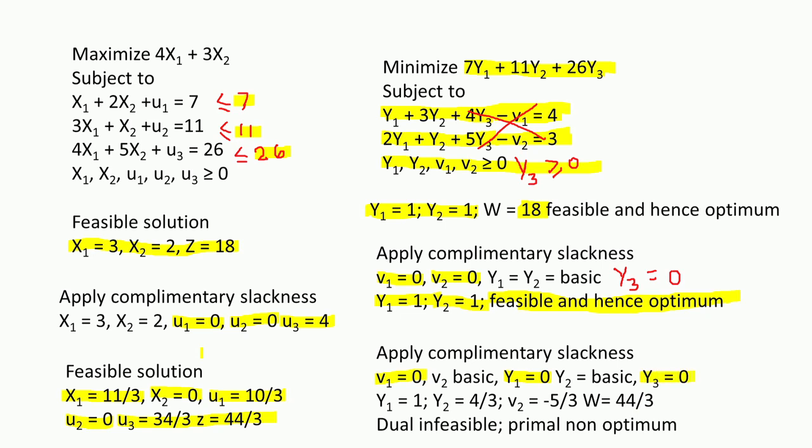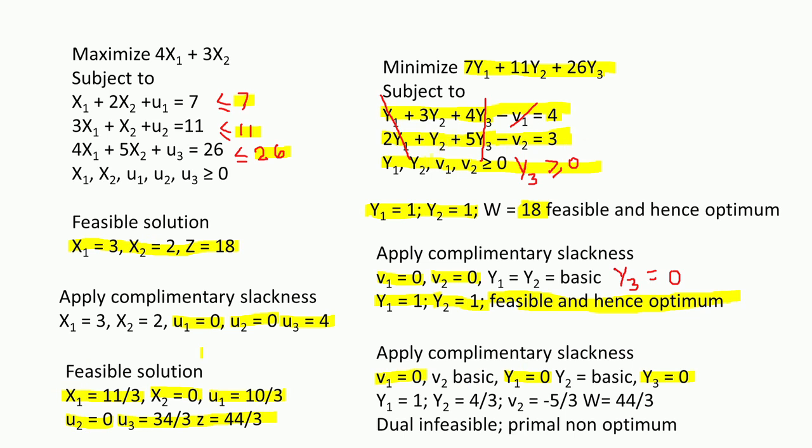So that leaves me with v2 and y2 in the solution. So y1 is not in the solution, y2 is in the solution, y3 is not in the solution, v1 is not in the solution. So this will give me y2 is equal to 4 by 3.